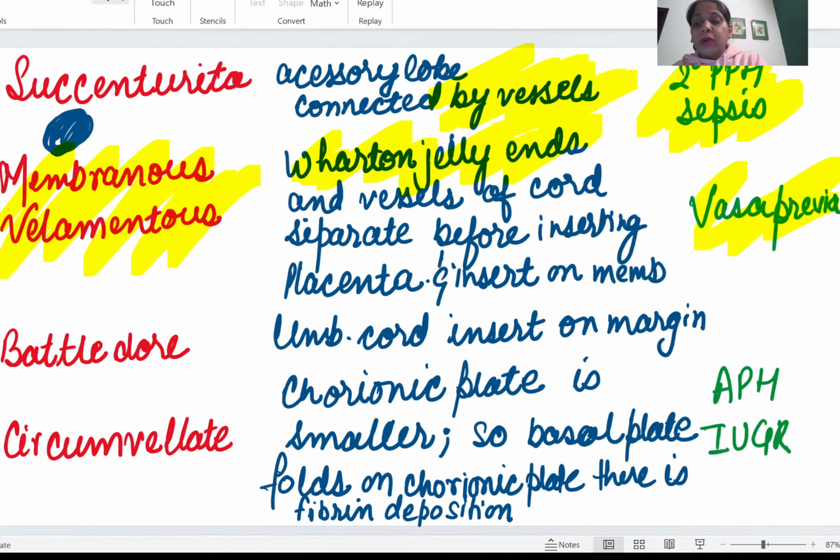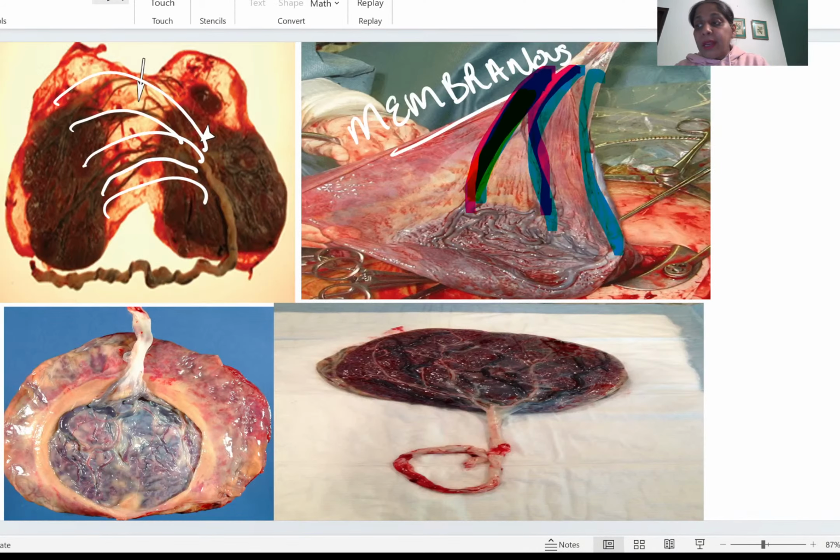Usually the umbilical cord is inserted in the center, but if the umbilical cord is inserted at the margin, then it is battledore placenta. As you can see here, this is the battledore placenta.